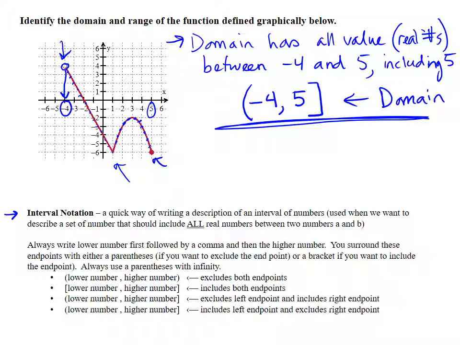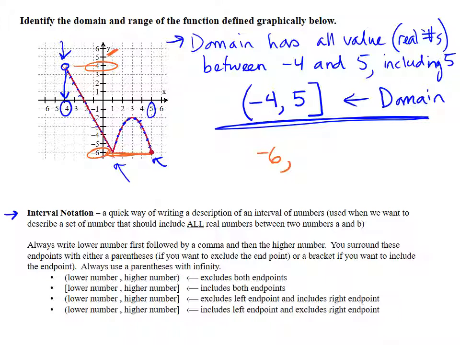If we wanted to do the range that same way, and I'll use a different color to kind of describe the range on the graph, what we want to do is the range is talking about y values. So a good way to think about y values on a graph is think low to high, because we're talking about the vertical axis. The lowest part of this graph down here would be at -6, and we have that closed circle there, so we are including the -6. And the graph is continuous until it ends up here at +4.